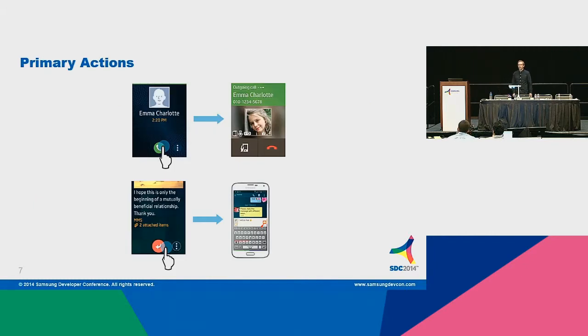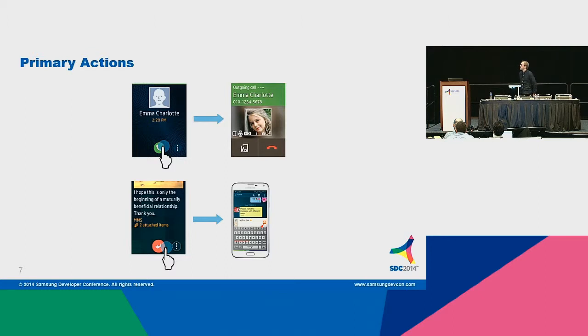First off, let's talk about actions. There's what we call a primary action, and we also have secondary actions. The primary action is the most common or most important action associated with the notification that you are pushing. As two examples here, on the top we have a notification of a missed call. So the most common or most appropriate action for that would be to call back that person.